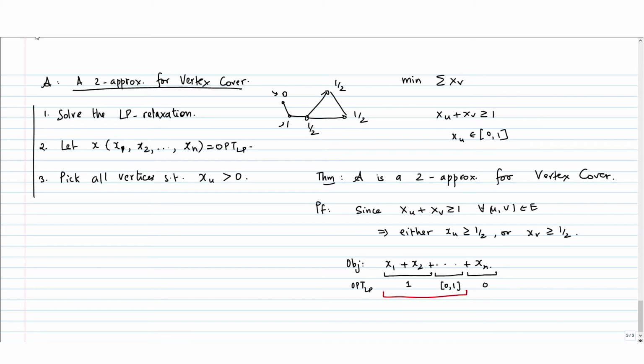So, now can you see why this is a 2 approximation? I claim that what this algorithm has done is produce a solution, y 1 plus y 2 plus and so on plus y 7. Every y i is either 0 or 1.